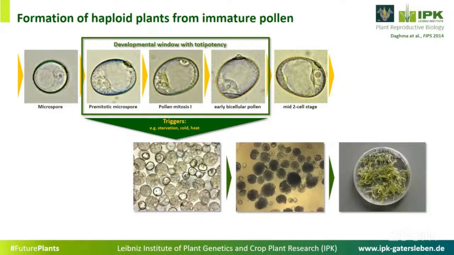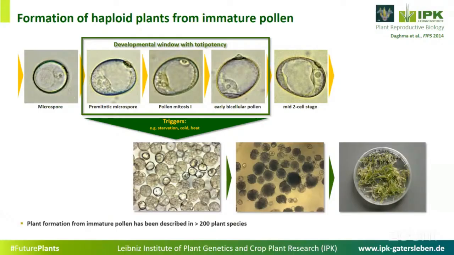So these cells develop so much that the envelope of the pollen bursts, the exine of the pollen bursts, and then we have kind of microcalli, and these microcalli can further develop. And in the last picture, you see that they can even give rise to plants. And these are either haploid plants or double haploid plants, dependent on whether they have undergone whole genome duplication.